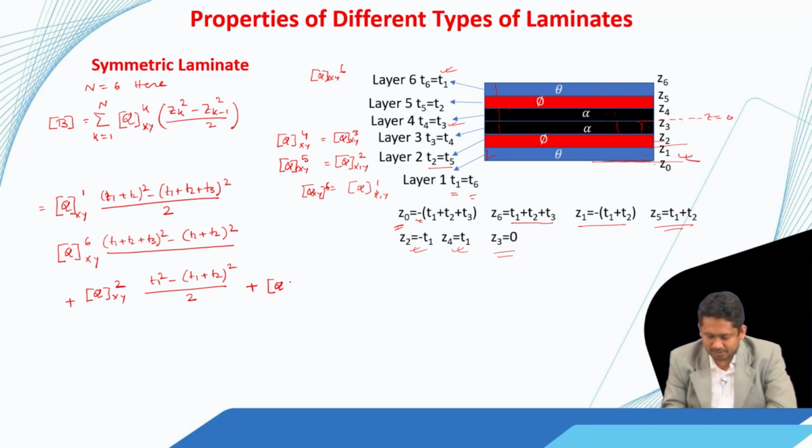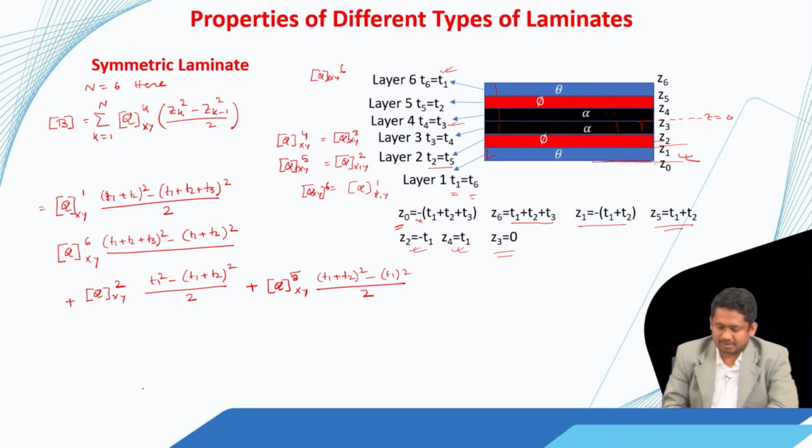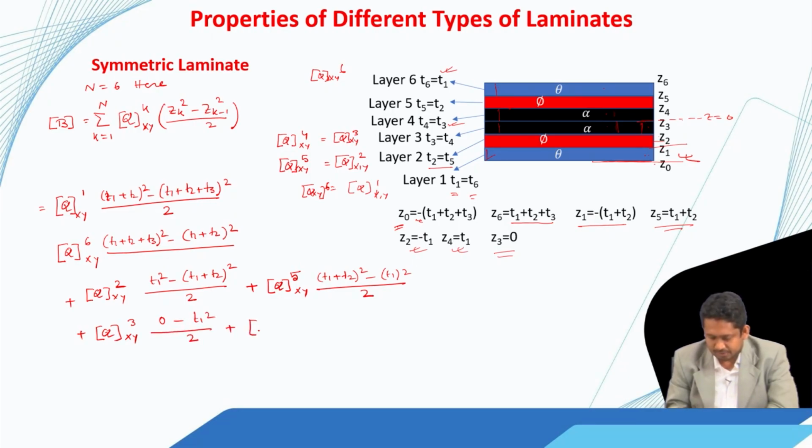Then we have the Q matrix for the fifth layer, and for that in the same way we can write Z 5 minus Z 4, so Z 5 square minus Z 4 square, which is equal to this by 2. And then we have the Q matrix for the third layer, and for that we have 0 minus T 1 square by 2, and for the fourth layer we have T 1 square minus 0 by 2.